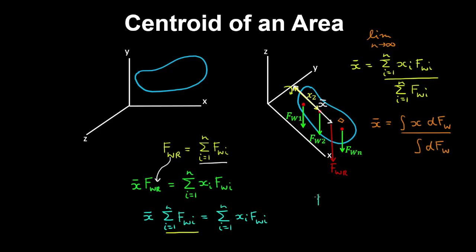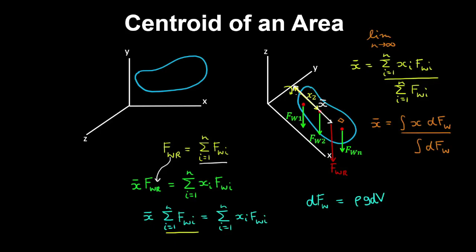Now the force of weight can be written as the density by gravity by the volume of a body. So therefore for a body with a uniform density and a uniform gravitational field acting on it, the force acting on a differential element is ρg by the volume of that element.